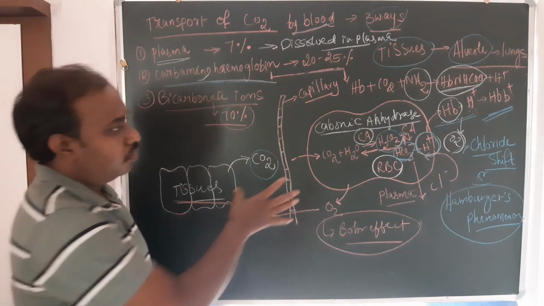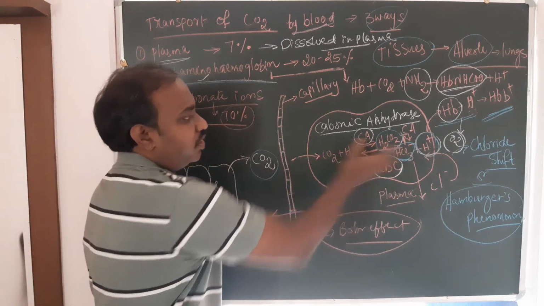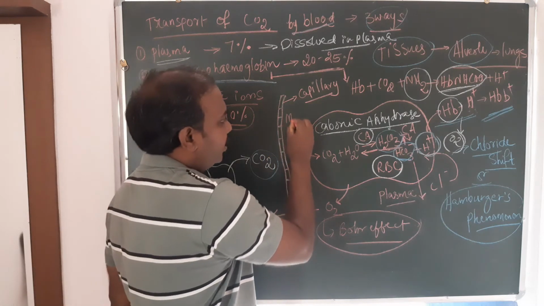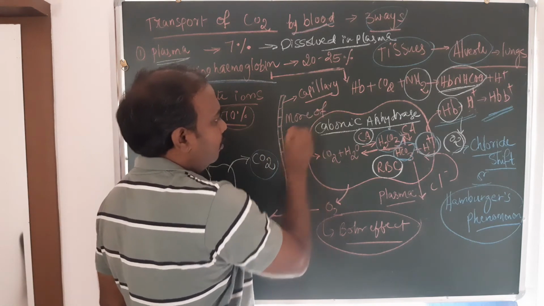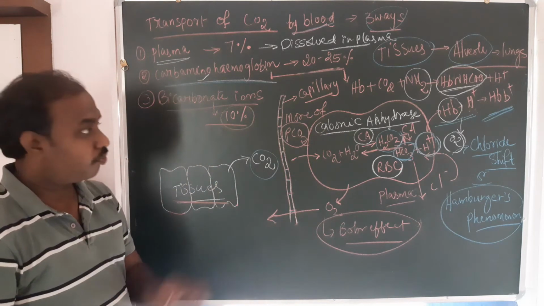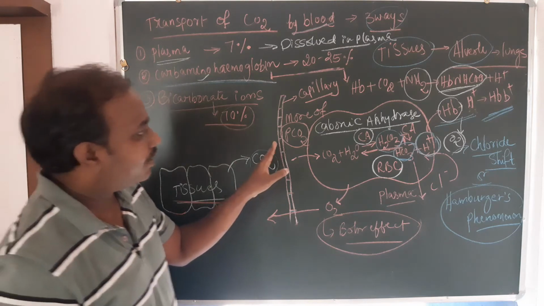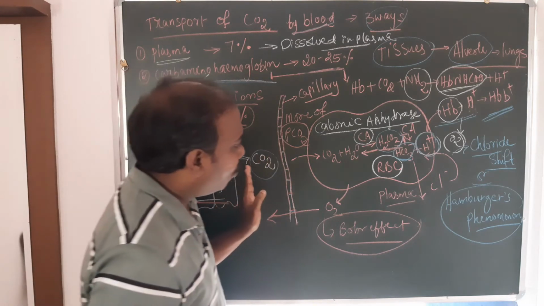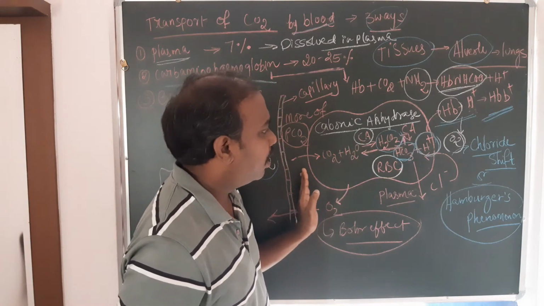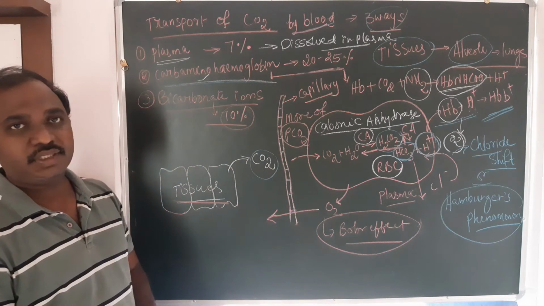So now you see why this association occurs, because of more PCO2. That means partial pressure for carbon dioxide is more in the tissues. As a result, it got associated, and it led to the formation of bicarbonate ions.